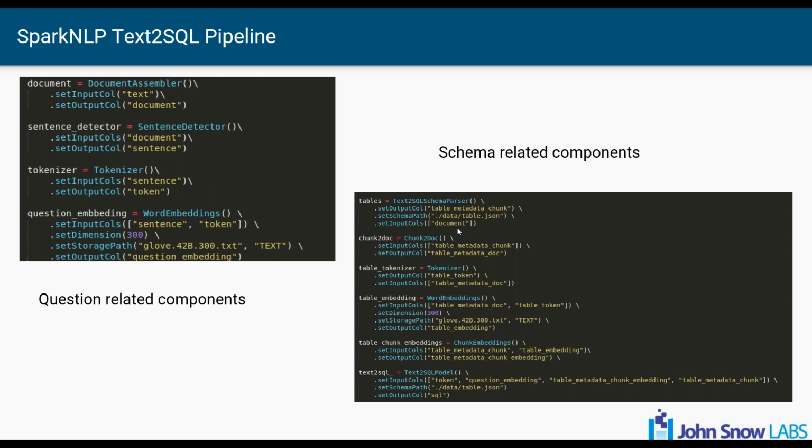I know this is quite a lot to get the SQL from a question. We are working on a pre-trained pipeline for this, so that all of this will be pre-trained, and you won't have to do any of this. You just have to use the question, and it will automatically give you the SQL for that. So we are working on that.